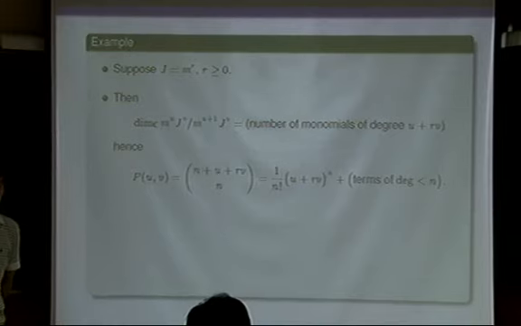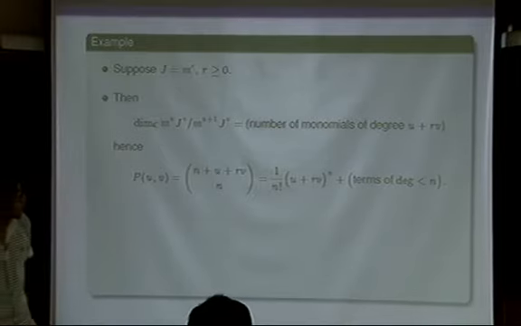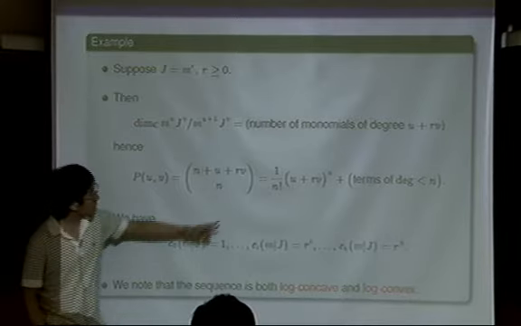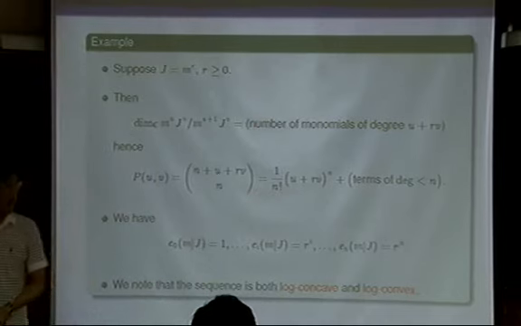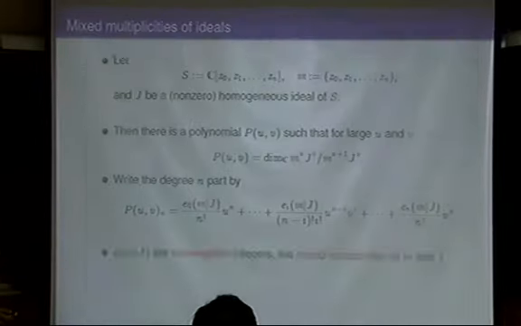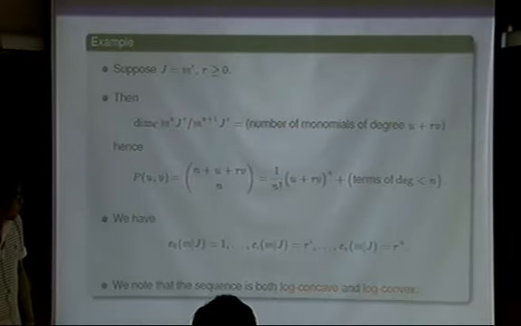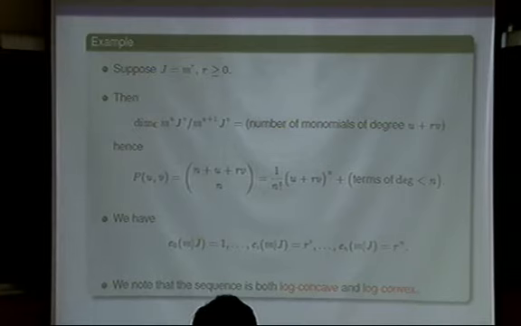So we can count that combinatorially, and this P(u,v) happens to equal something with leading term (u plus rv) to the power of n. If you count in this specific way with these denominators, then we see that our mixed multiplicities form this geometric sequence: 1, r, r squared, and so on.